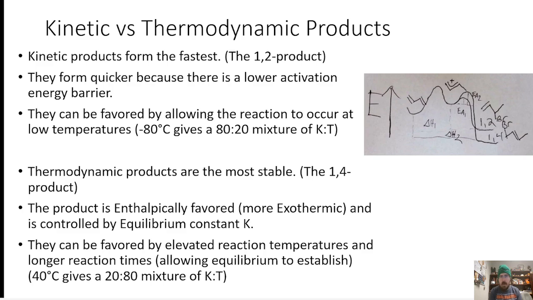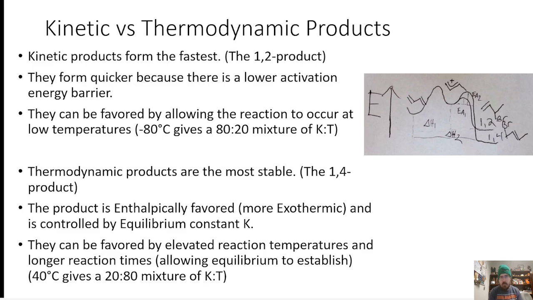Now the thermodynamic product is the 1,4. And why is this? The 1,4 product is more stable because of producing a more substituted alkene. A monosubstituted alkene is less stable than a disubstituted alkene.